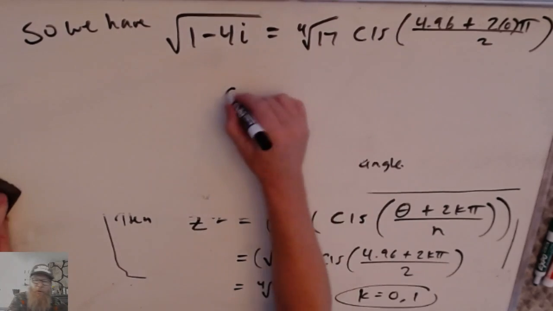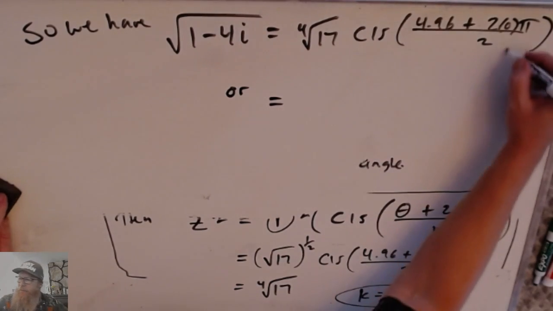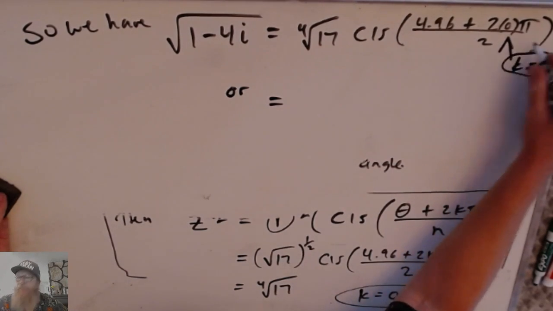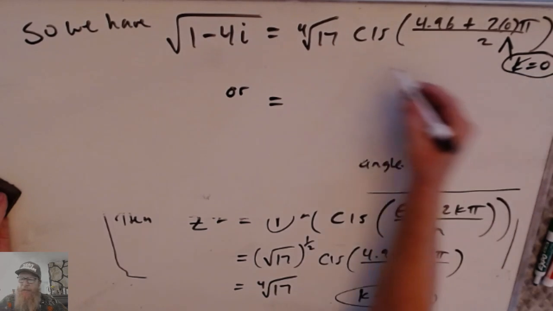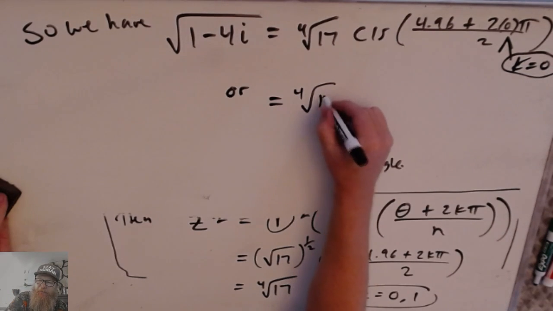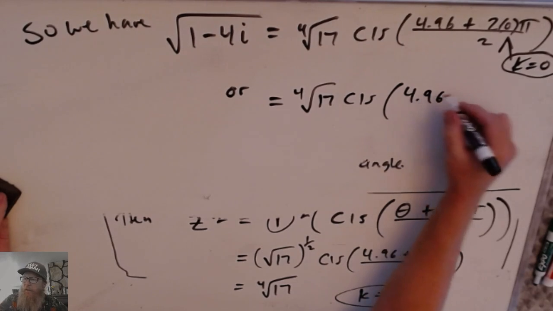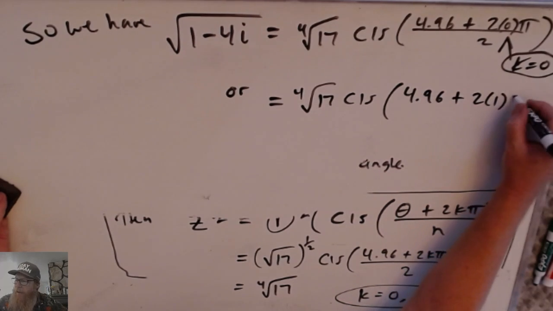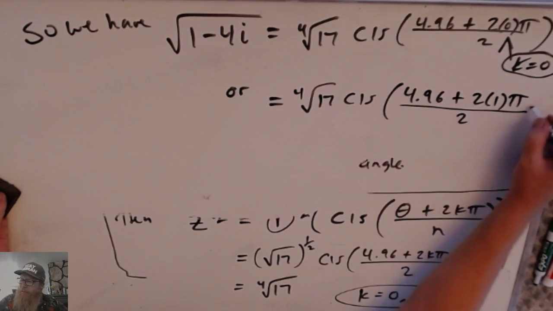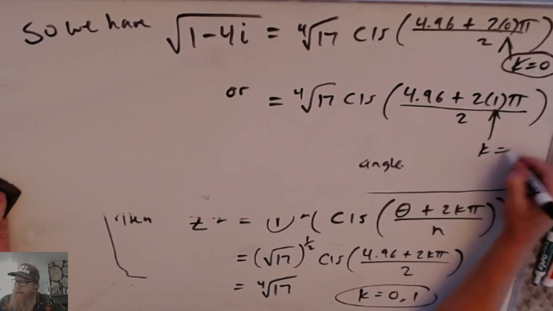That's one root, for k equals 0. The second possibility would be the fourth root of 17 cis of 4.96 plus 2 times 1 times pi over 2. That would be for k equals 1.